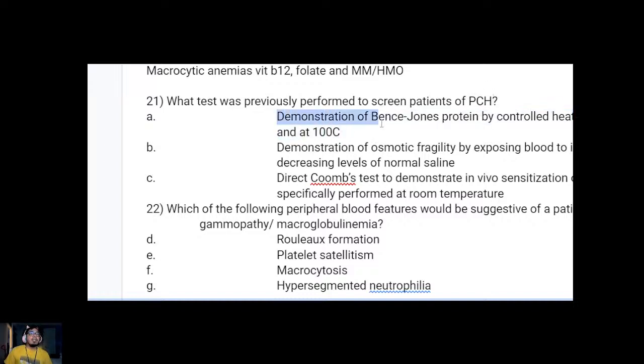Obviously, Bence-Jones proteinuria is not really involved in that one, but that's for multiple myeloma.